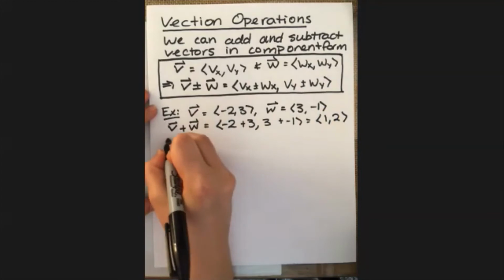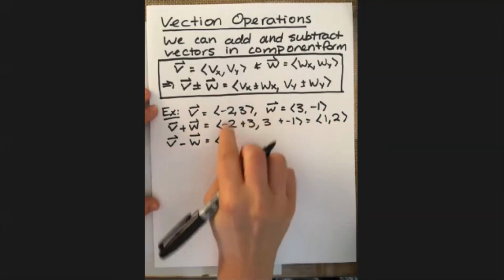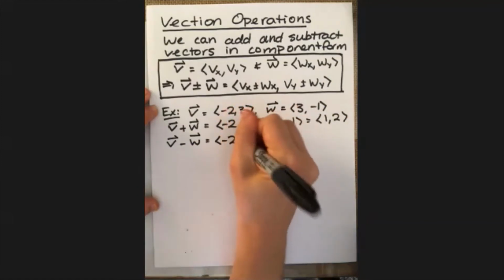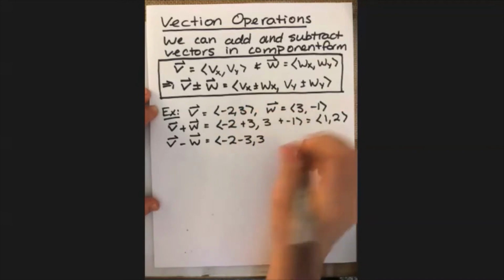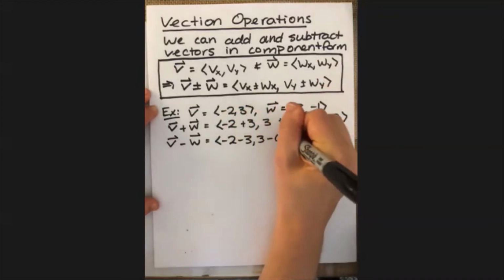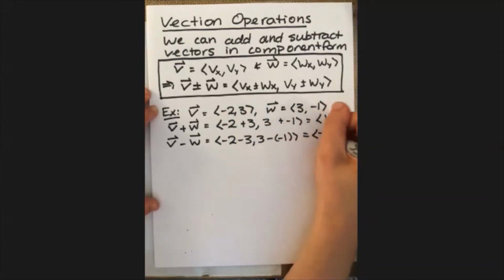We can also take v minus w, which is -2 from v minus that 3 from w, and then the 3 from v minus that -1 from w, which is just equal to <-5, 4>.